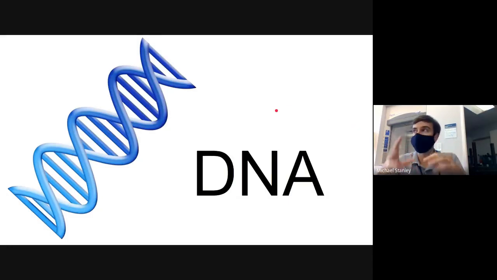DNA actually has a really cool history. For a long time, when we were first starting to really study the human body and human cells in the 1800s and early 1900s, scientists knew that there was this weird particle, this weird cluster of stuff that existed in human cells.